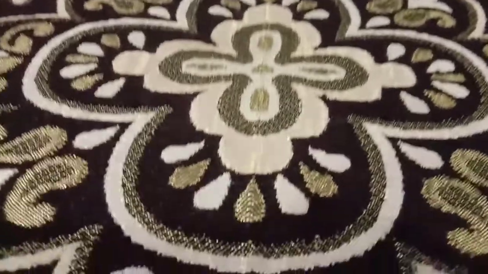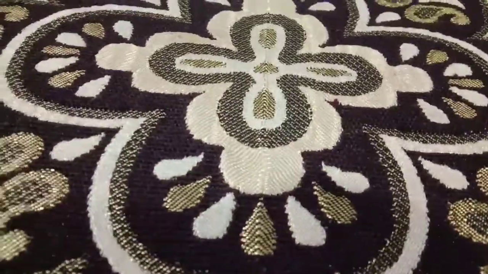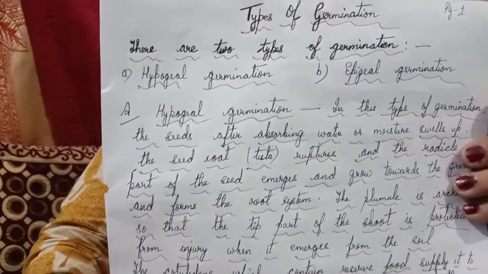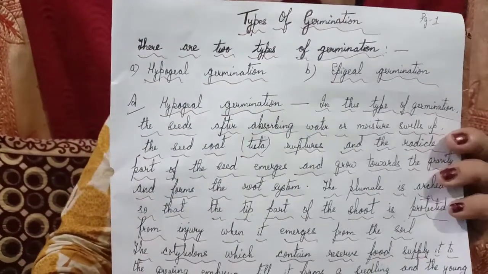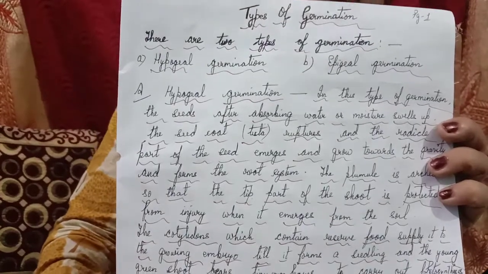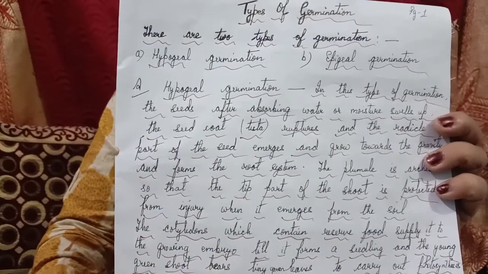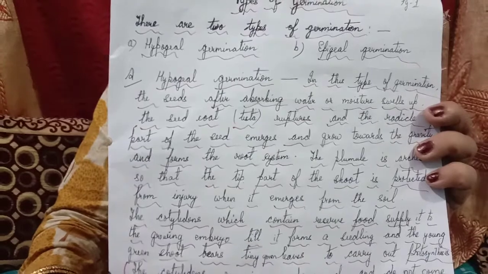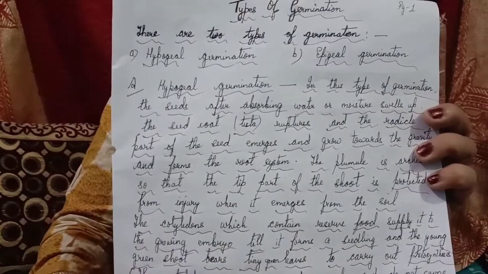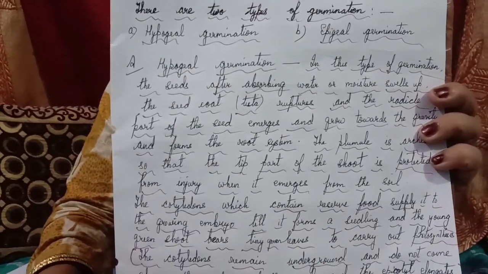Clear? So let me give you some notes so that it is more clear to you. Types of germination. Usually you will be asked, what is the difference between hypogeal germination and epigeal germination?